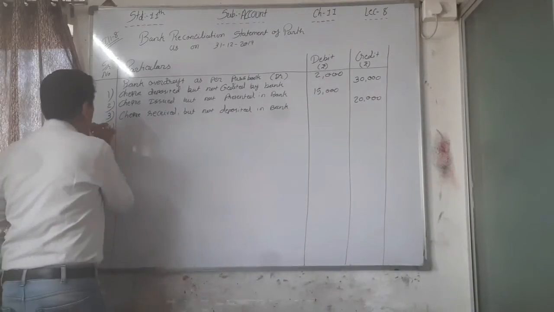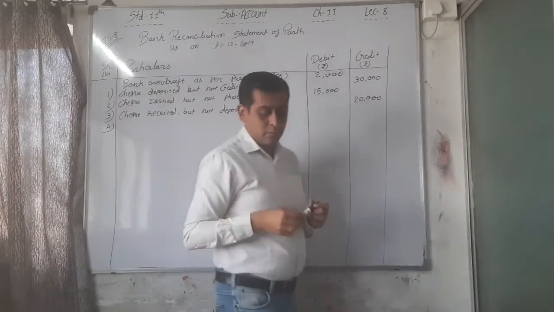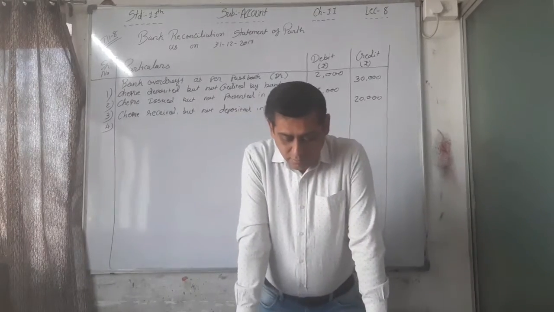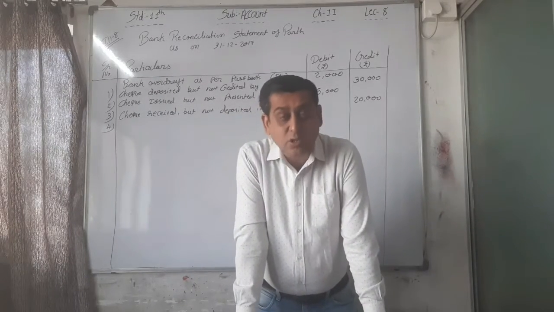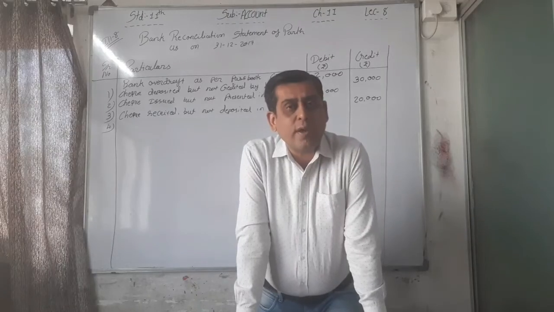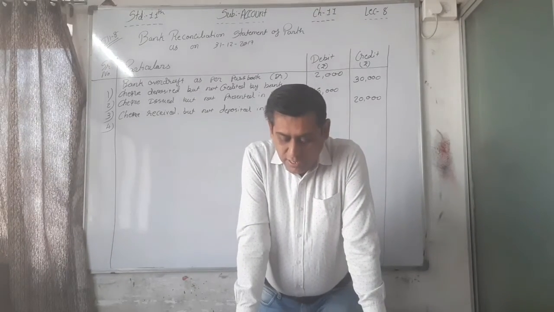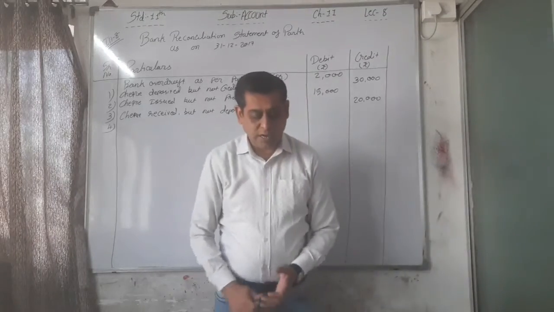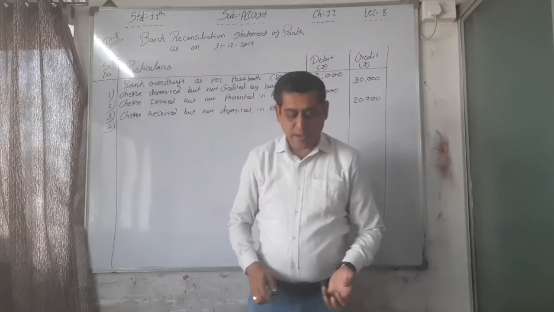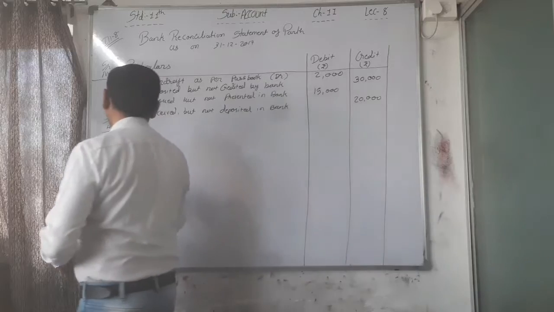Fourth point: check deposited with bank is dishonored, which is not recorded in the cash book, 2,400. Dishonored is always credited, right?